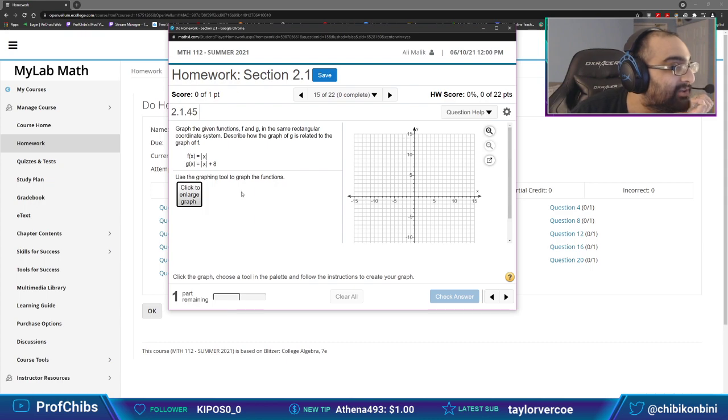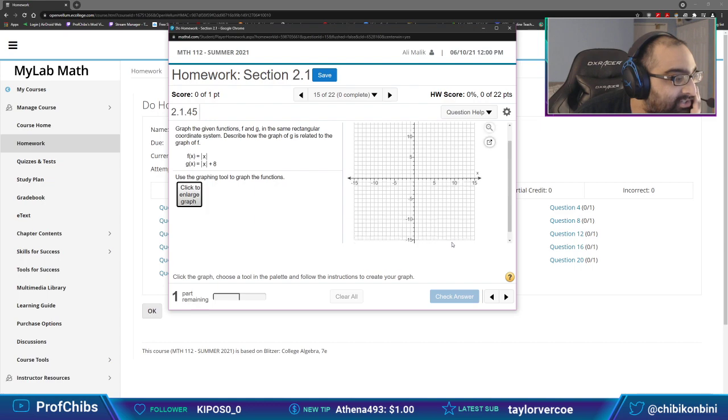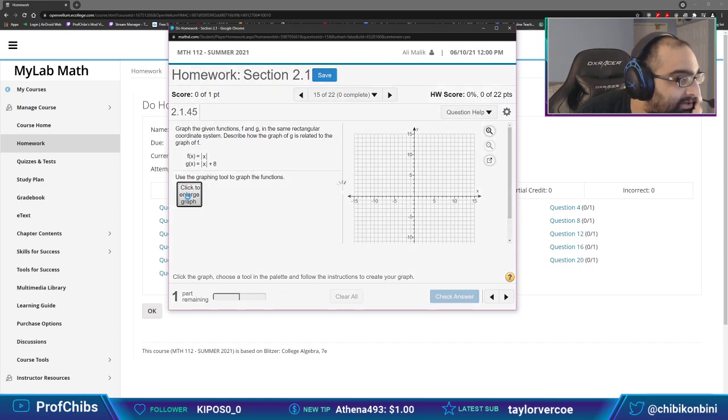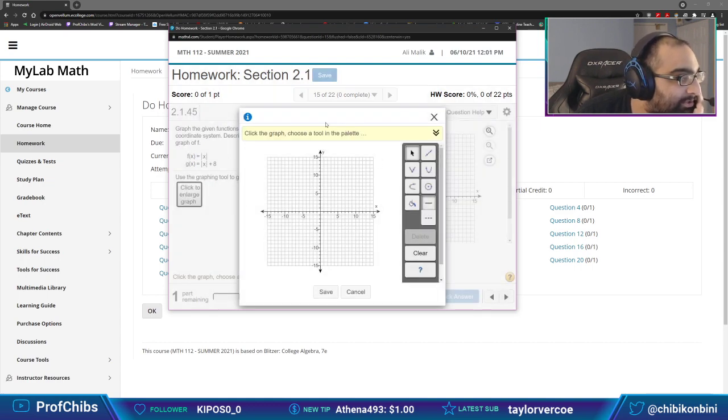All right, let's take a look here. Graph the given functions f and g in the same rectangular coordinate system. Describe how graph g is related to the graph of f. Okay, I see what they want. Let's go ahead and use the graphing tool. Absolute value, we're actually going to talk about this today if we get to the last section. We haven't really talked about this in greater detail, but let's see here.